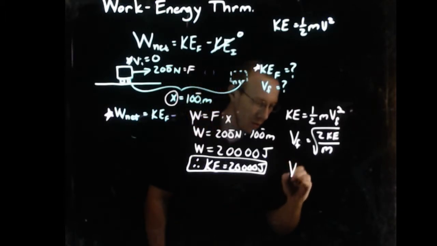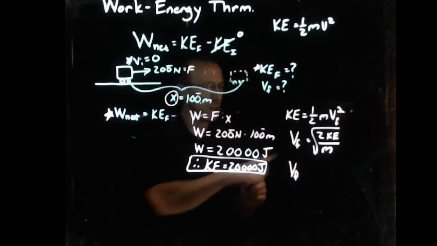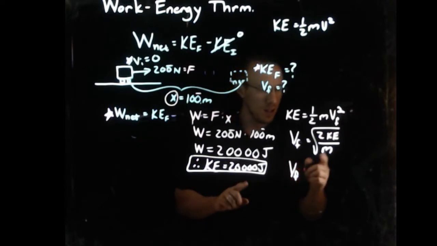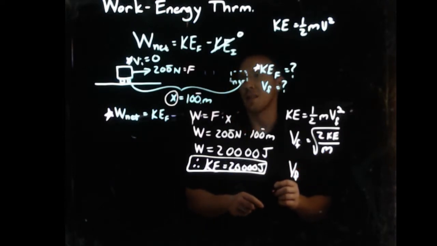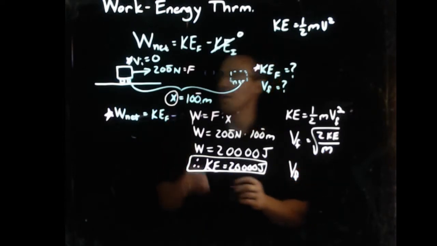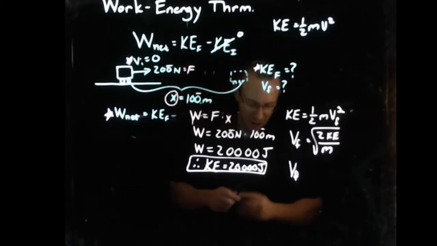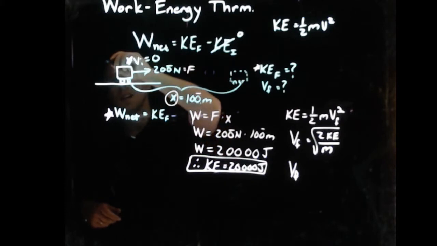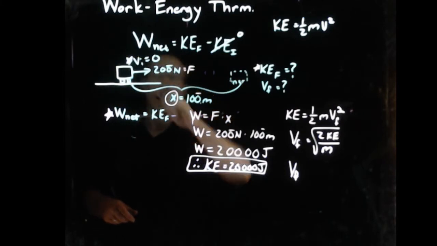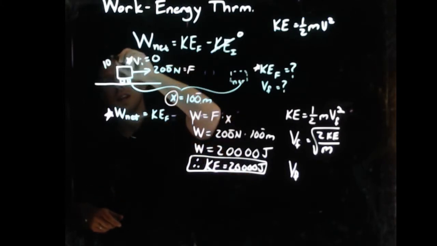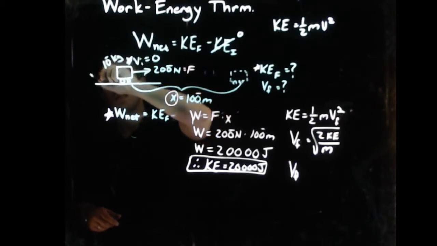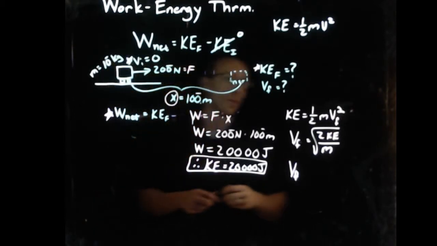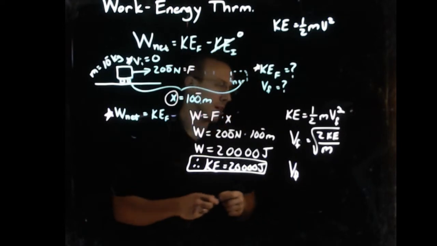When I plug my numbers in, 2 times 20,000, then divided by the mass. I ran into a little bit of a problem where I did not write down what the mass was, so let's make one up right now. Let's say it's a really tiny car, and it's 10 kilograms. We would assume that that would be given to you at the beginning.